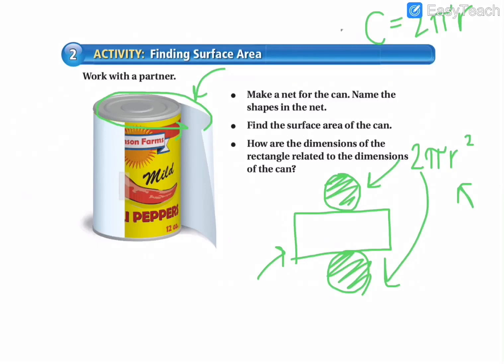So to find the entire circumference, since this would be represented by 2 pi r, the only thing we have to multiply that by is the height. So we have this 2 pi r squared, and then we have this 2 pi r that we're going to multiply by the height.